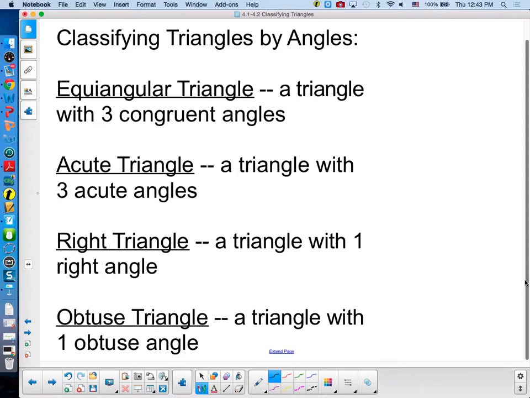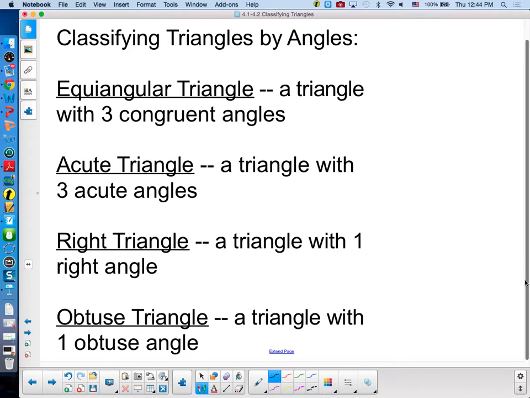An equiangular triangle is a triangle with 3 congruent angles.